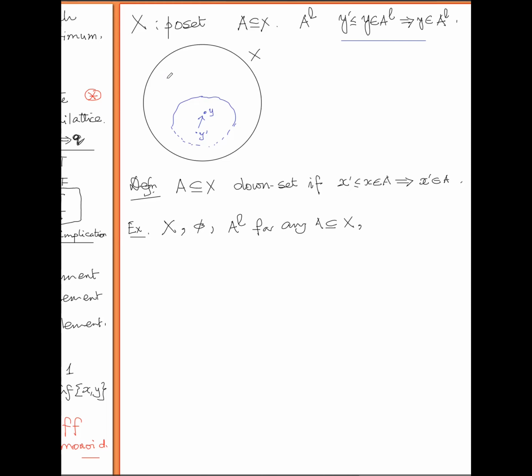So suppose you have X over here, any X, can you think of a downset immediately? Think of the picture that we are trying to construct of a set.